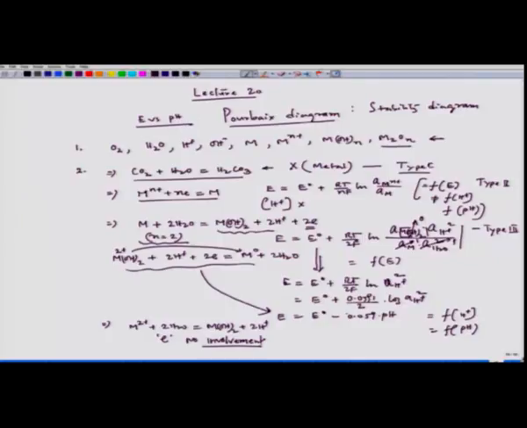So, if there is no involvement of electron, we cannot express the equilibrium for this particular reaction in terms of potential. We cannot express. But this is a chemical reaction.